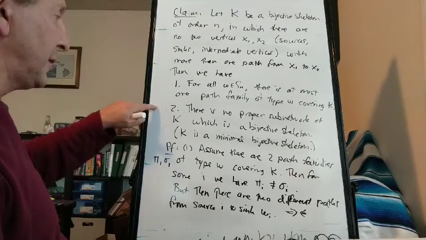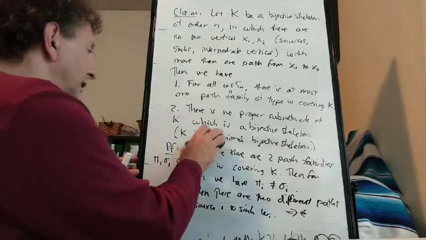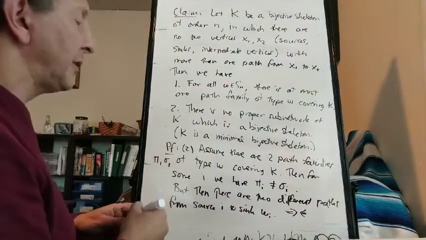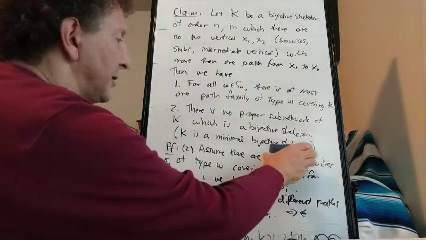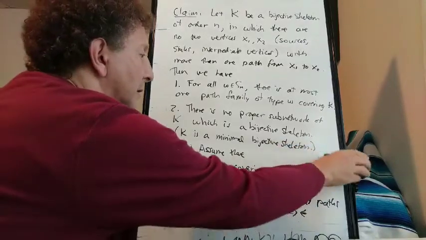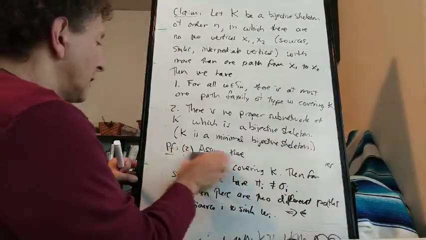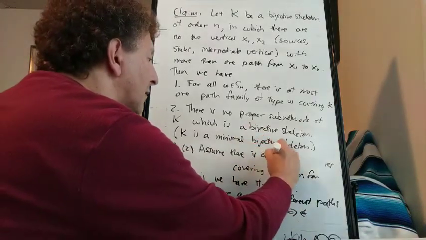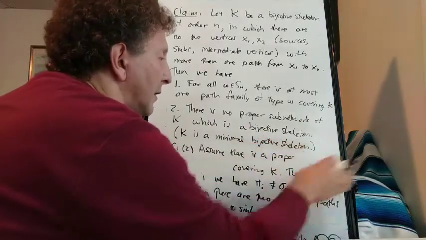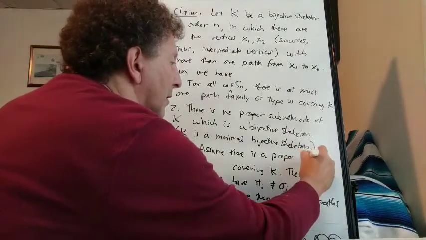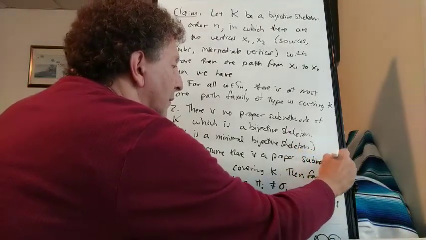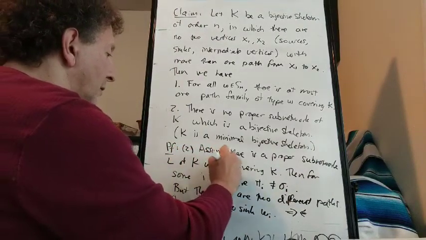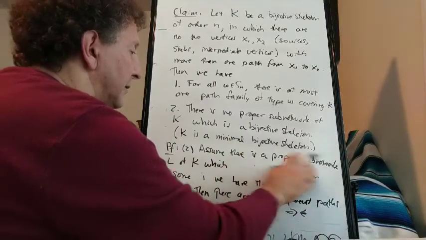And to prove number 2, let's assume that there's a proper subnetwork L of K, which is a bijective skeleton.